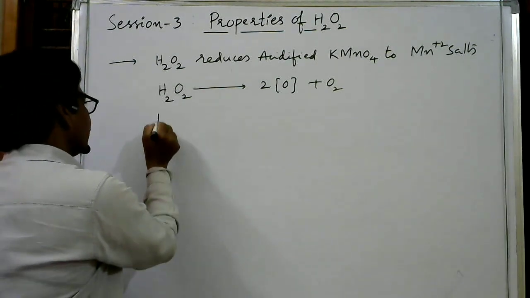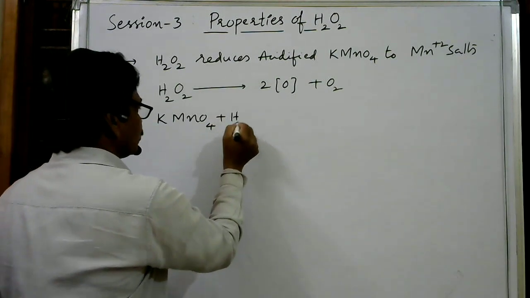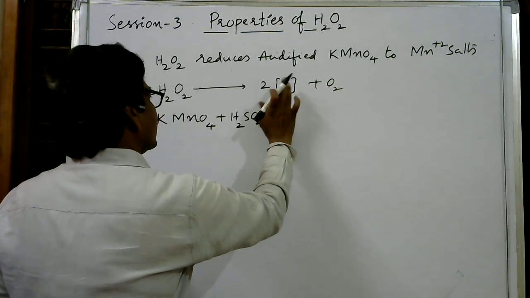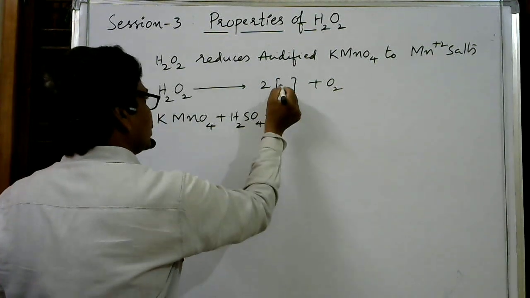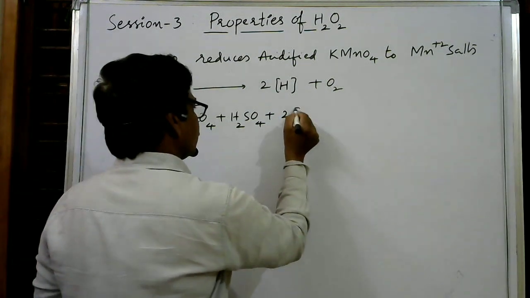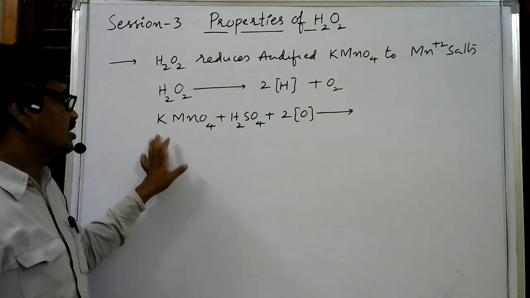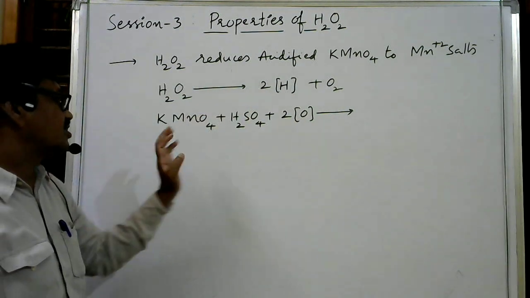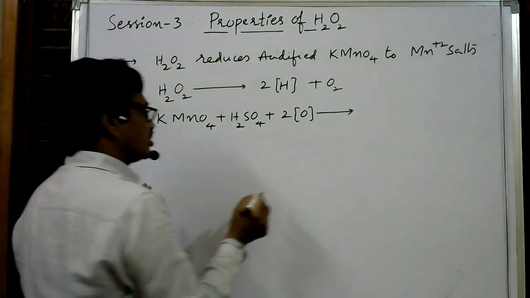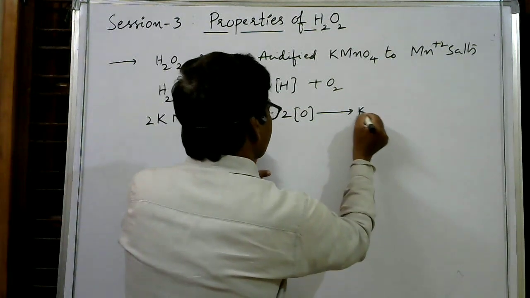Potassium permanganate, KMnO4, acidified means H2SO4. Along with this, again I wrote here oxygen, this is not oxygen, it is hydrogen, nascent hydrogen. So these two nascent hydrogens give rise to potassium sulfate and manganese sulfate. For writing potassium sulfate, we should take two potassiums here. So two potassiums with sulfate SO4 minus 2 ions, we can get K2SO4.